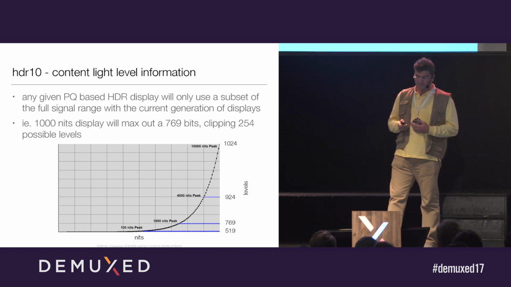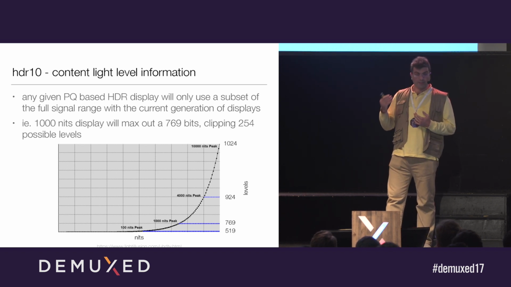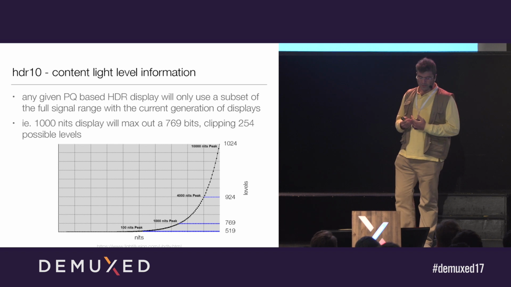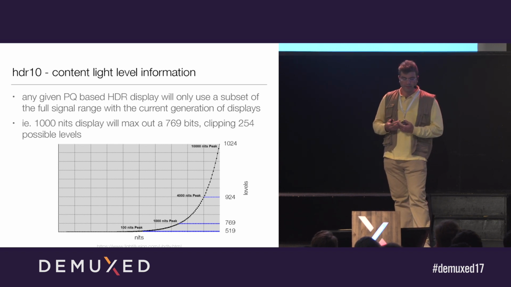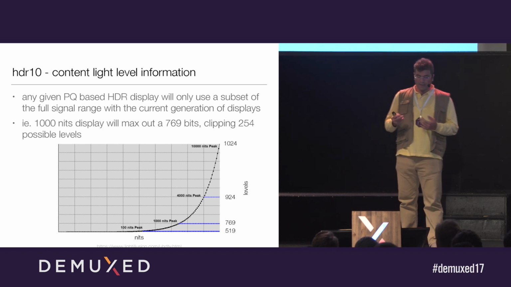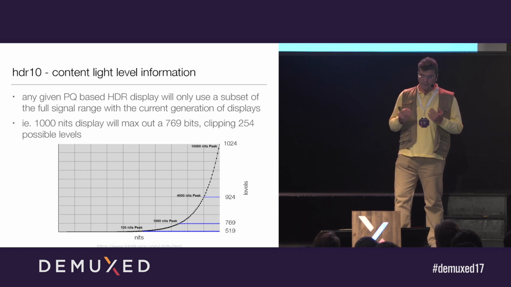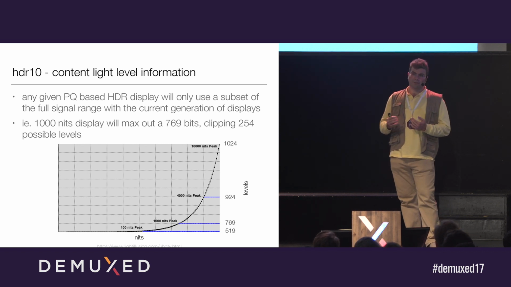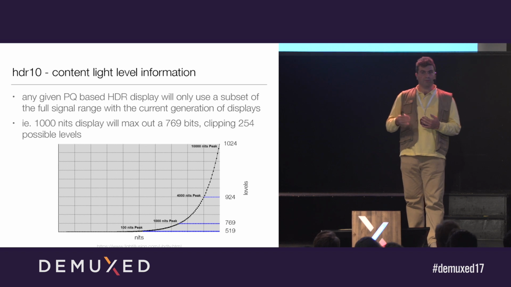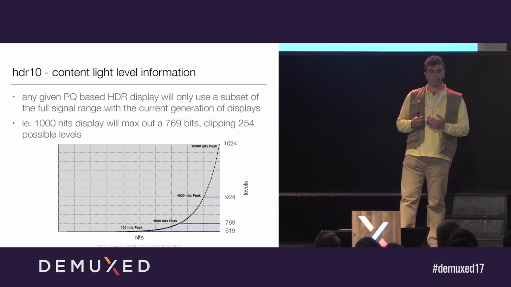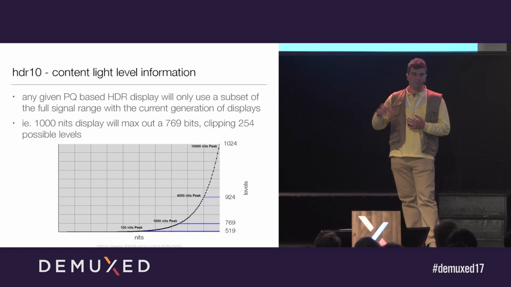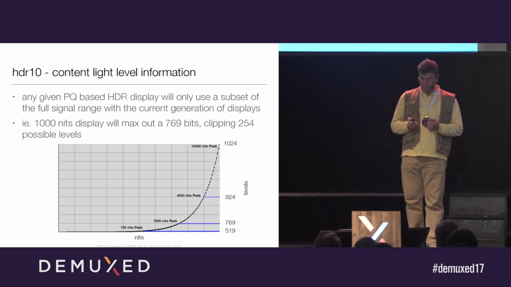What I mean is that on current generation high-end televisions at around 1,000 nits, I can use only 769 levels of quantization. Anything else will be clipped. So the rendering engine needs to bring back, with tone mapping, any value that is found outside.